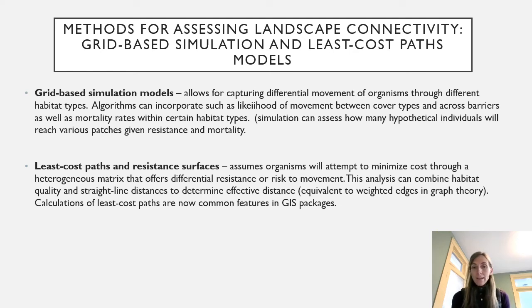It can measure straight line distances, or it can determine what we would call the effective distance by applying resistance to movement through certain habitat types. That's the equivalent to what we just talked about with the weighted edges in the graph theories. So these sorts of models, such as calculation of least cost paths, are now a common feature in GIS packages.